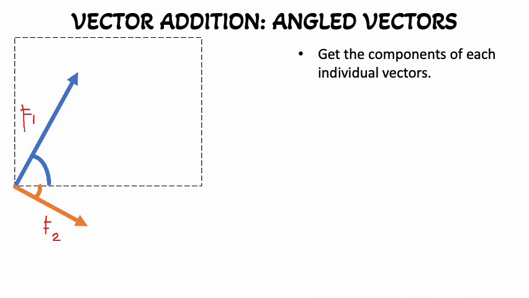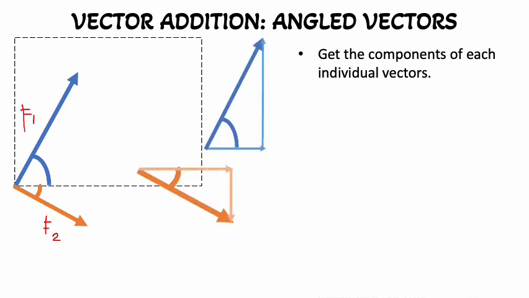So we have to get first the components of each individual vector. So let us separate them to simplify. So this is the first force, F1, and this is F2. So you need to get first the components of each of these individual vectors.